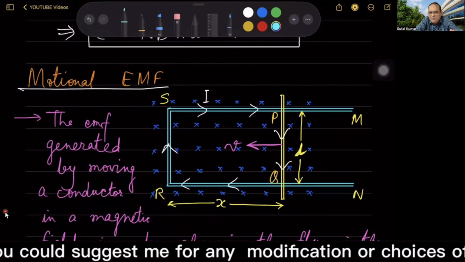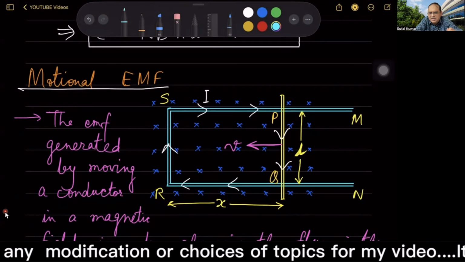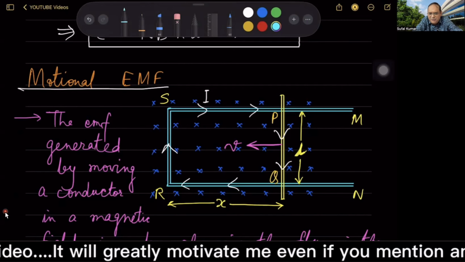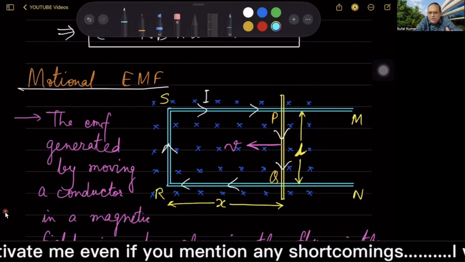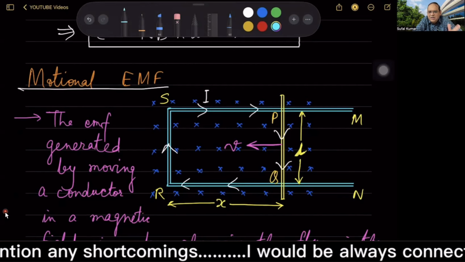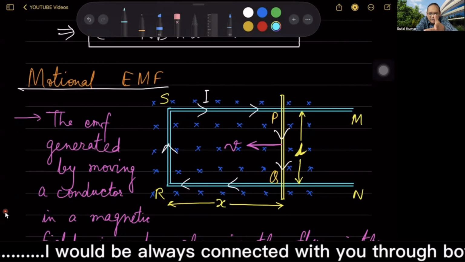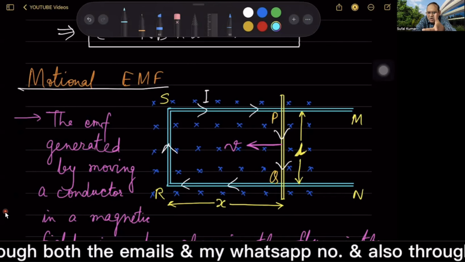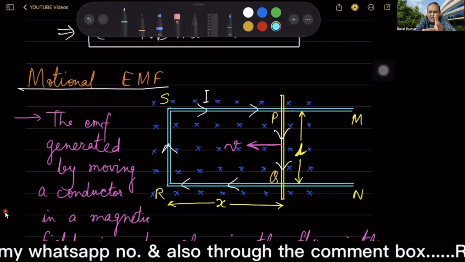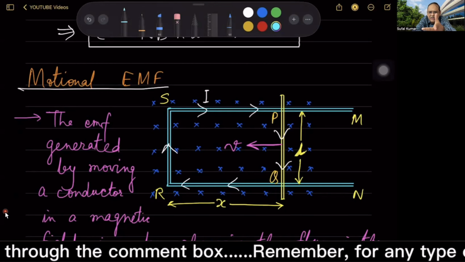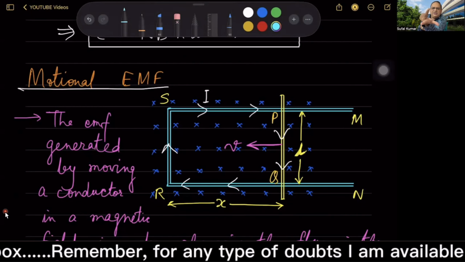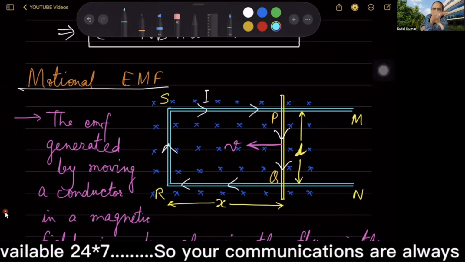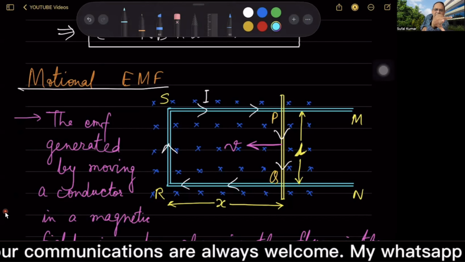Now, for this purpose, we are to apply Fleming's left hand rule because now magnetic force is taken into account due to the moving charge. So let me apply: magnetic field into the plane of my laptop screen, and the positive charge is moving, and rightly my thumb is pointing downward.